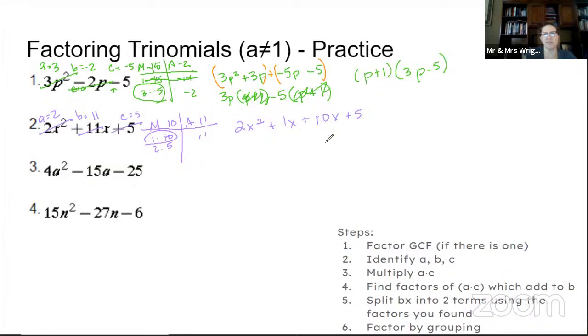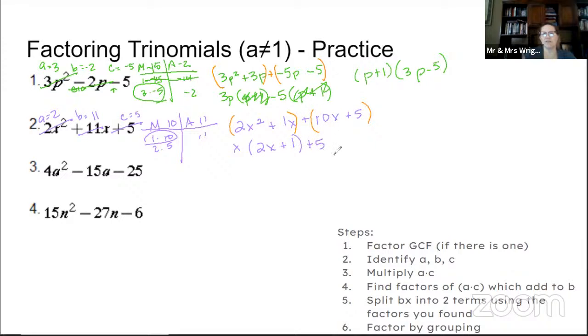So I copied everything over. Now I need to insert some parentheses here. All right. And then I want to go ahead and take out some common factors. So the common factor, the only thing I see here is going to be x. So I'm going to have 2x plus 1. And then on this, the only common factor I see is going to be 5.